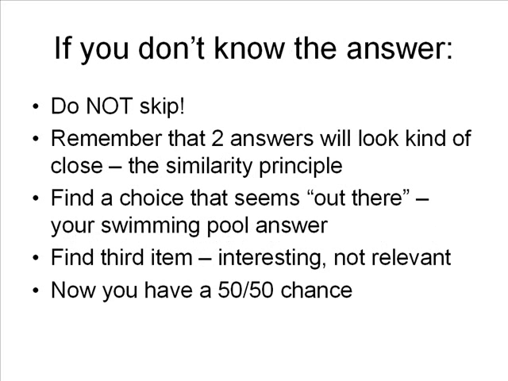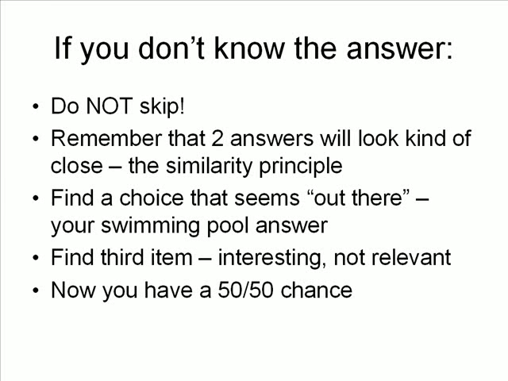So if you don't know the answer, do not skip the question. Remember the similarity principle. There's going to be 2 answers, the answer and then the one that's kind of close to the real answer. So those 2 are maybes. Now find your out there question, the swimming pool answer.